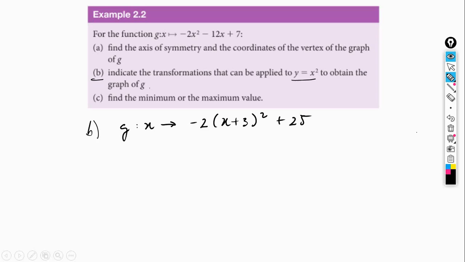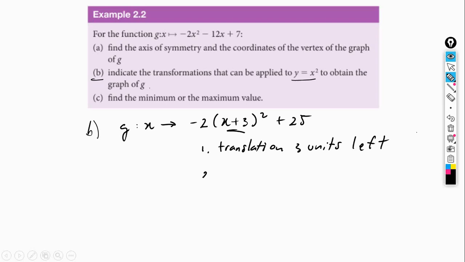So what are the transformations that can be applied to y equals x squared to obtain this? So notice how we could say 1, translation, 3 units left. And we know that from here.